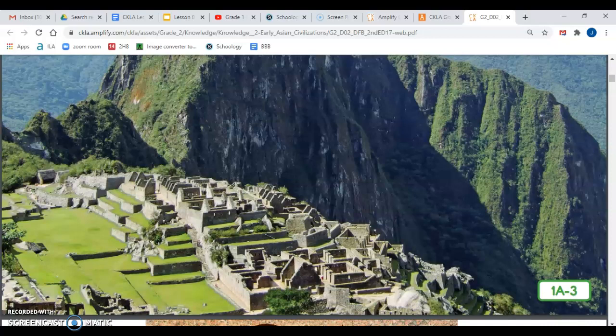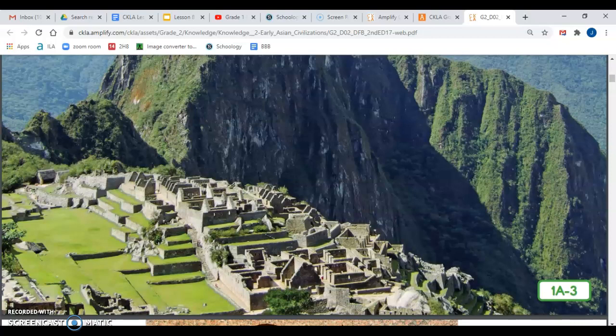Each civilization, such as the Mayan, Aztec, Incan, Egyptian, and Mesopotamian civilizations, all had a religion. We don't want to get too far into this because we're just learning about the different types of religion. We're not telling you you have to have a certain religion.